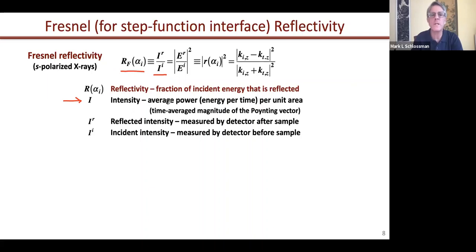We're averaging because these waves are fluctuating very rapidly in time, so we average over that time. Since this is an energy per area per time, the reflectivity gives you the fraction of the incident energy that's reflected. A certain amount of energy is incident in the X-ray beam onto your surface. Some fraction of that is reflected, and that is what we call the reflectivity.